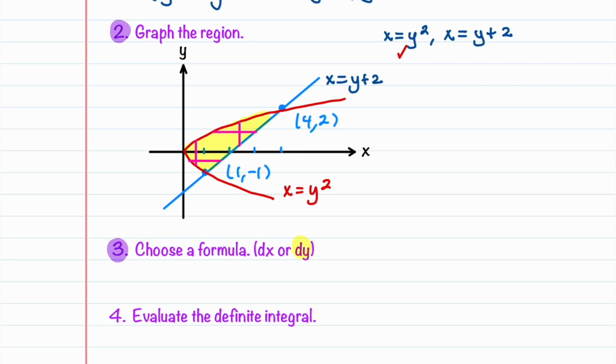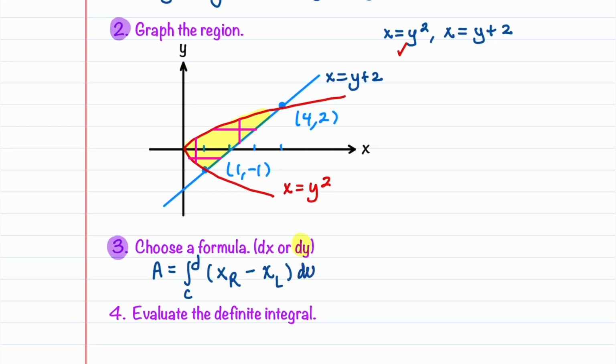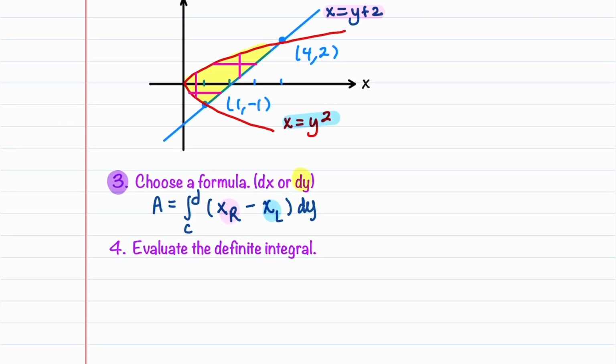Let's write down our area formula. Our area is going to be the integral from c to d of our curve on the right, x sub r, minus our curve on the left, x sub l, times dy. Our curve on the right is our line, and our curve on the left is our parabola. Now let's go ahead and set up our integral and evaluate it.